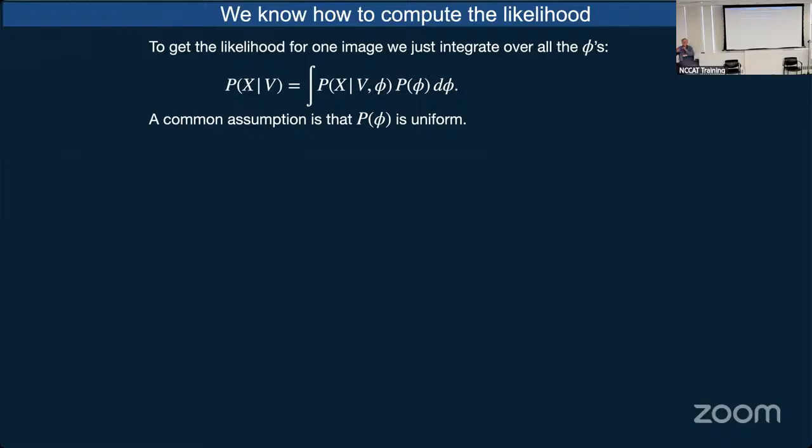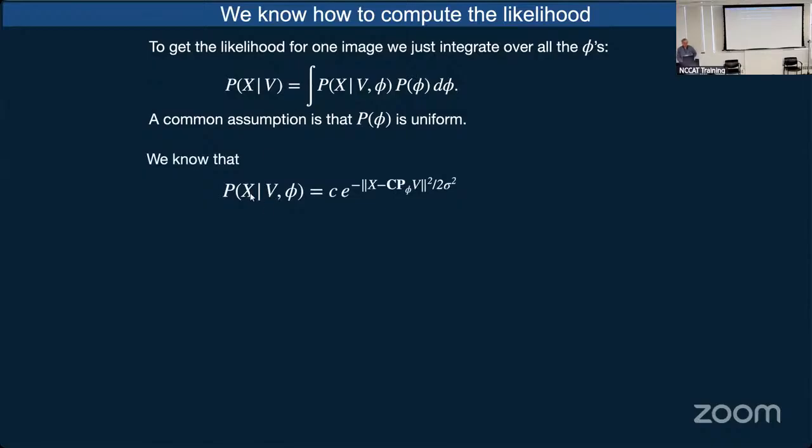We don't know which projection of the volume we're looking at, but we want to know the probability that we got this image from that volume. If we don't know what the orientation was, we just compute the probability based on all possible orientations, and we integrate over all orientations, and that gives us the likelihood. It's a really cool trick learned from statisticians.